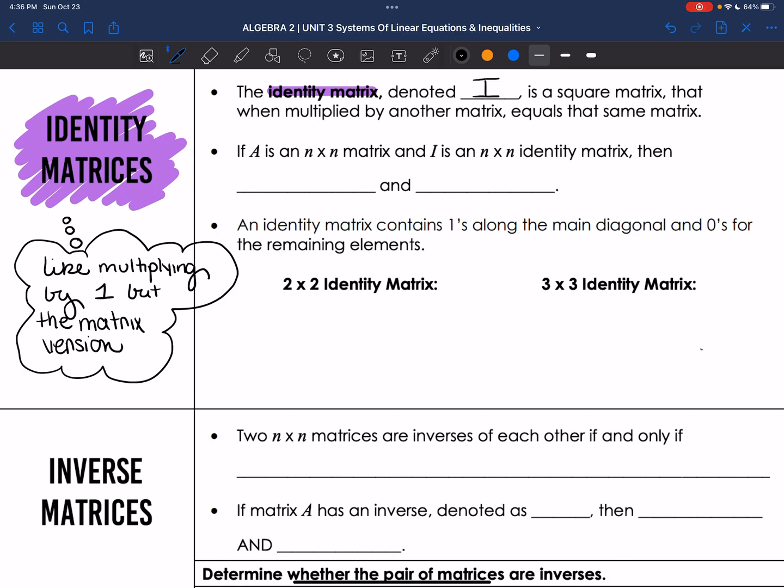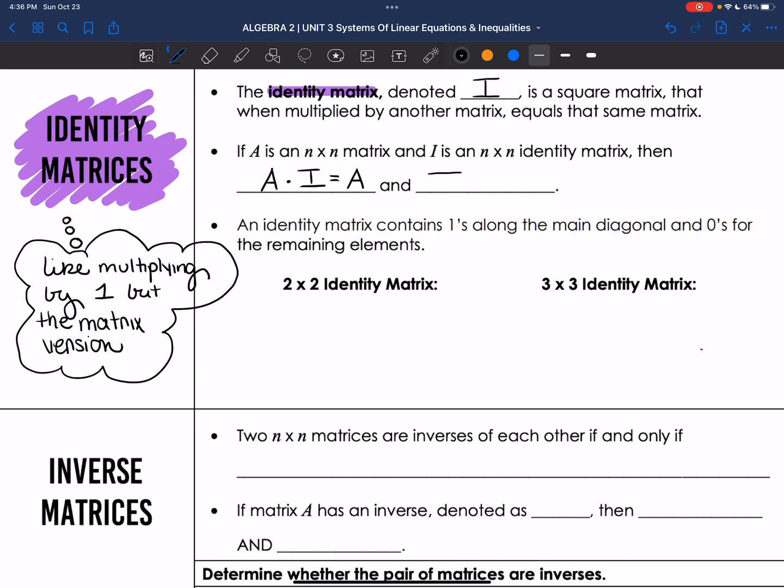So on to our next bullet point. It says if A is an n by n matrix, meaning same number of rows and columns, and I is also that same dimension, then A, whatever matrix A is, times the identity matrix is going to give us A, the same original matrix right back.